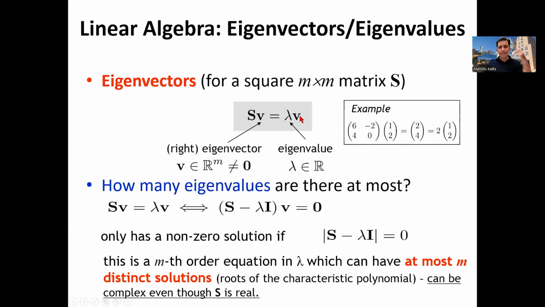Okay, and these are the eigenvectors of that matrix transformation. So every matrix is a transformation of a multidimensional space, and an eigenvector is simply a vector whose transformation becomes a scalar multiple of that same vector.